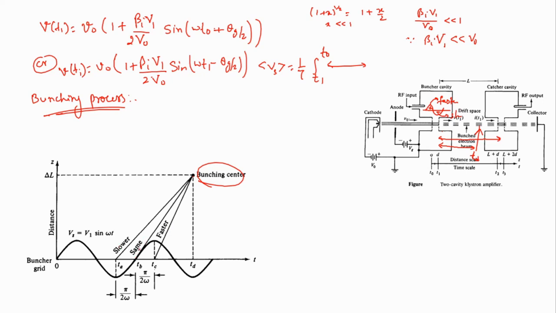So all these slower, faster and same velocity electrons will travel the same distance, which is called delta L. This is the distance from the buncher to the bunching center. So all these electrons will travel this distance delta L.